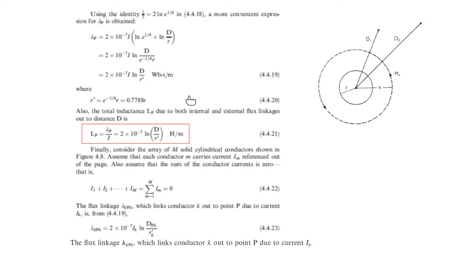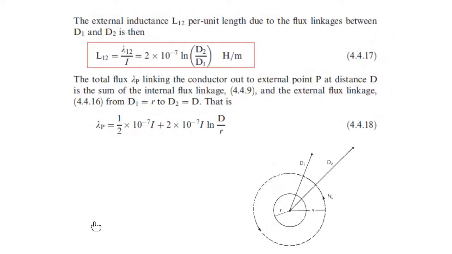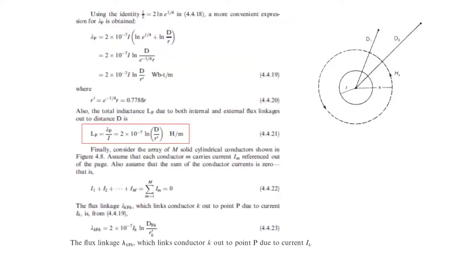So it is not the full radius of the conductor. The radius of the conductor is R, and we need to multiply R by 0.7788. Why do we need to multiply this? Just to make it convenient, instead of doing these additions like this equation, we can make the equation like this, just in one shot: 2 times 10 to the power minus 7, the natural log D over R prime.